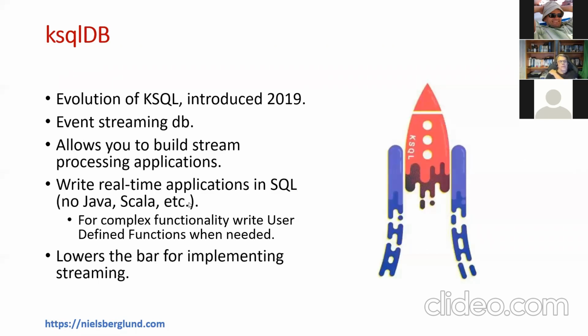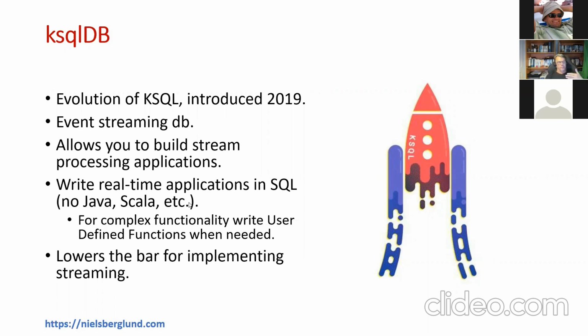In 2019, Confluent introduced ksqlDB, which looks like a database but is on top of Kafka and Kafka topics. Through ksqlDB, you are building, once again, stream processing applications.